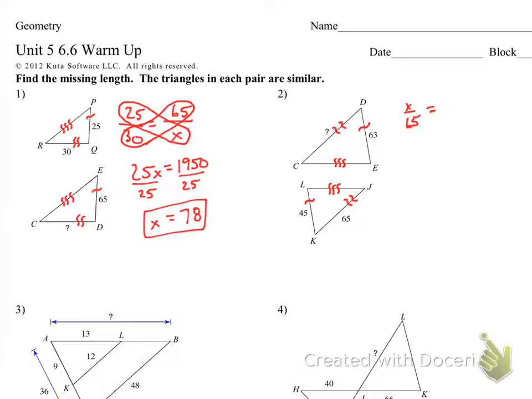CD over... We're setting up actual numbers here. So x over 65 equals 63 over 45. All right, you can see the pattern of correspondence as you set up your proportion. So x over 65 equals 63 over 45.